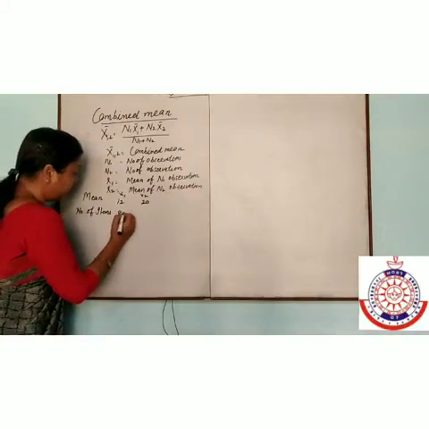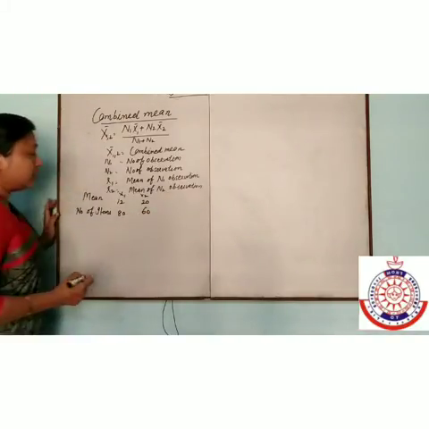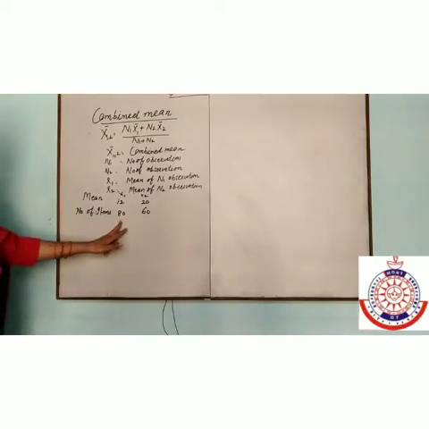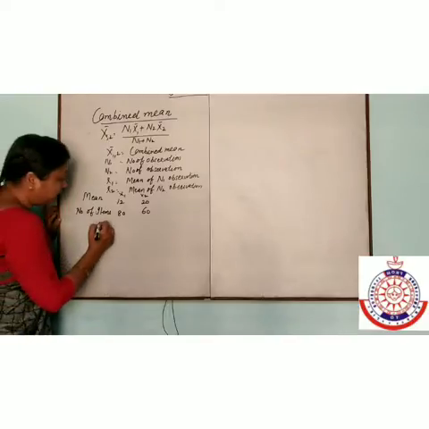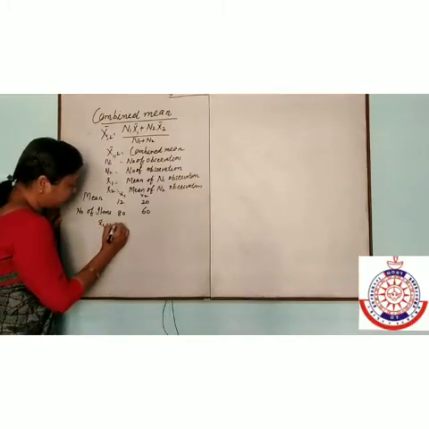The number of items is 80 for the first and 60 for the second. Find out the combined mean.